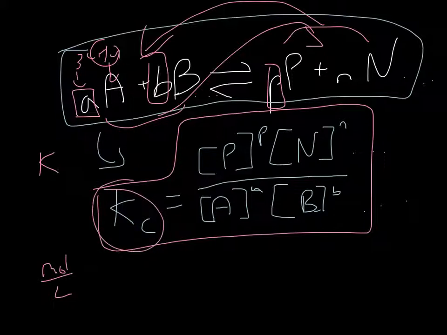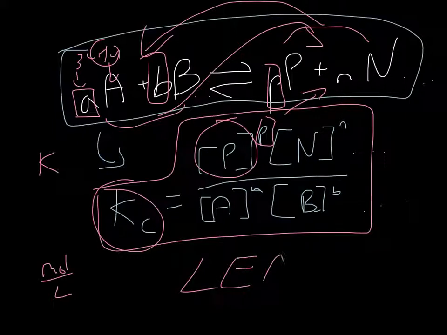Later, all you need to know right in this slide is how to set up the equilibrium expression. But if they tell you what the equilibrium constant is, you can use this equation to solve for certain concentrations, especially if you have the chemical equation already. So pretty important for this chapter. Learn this. It's a big deal.